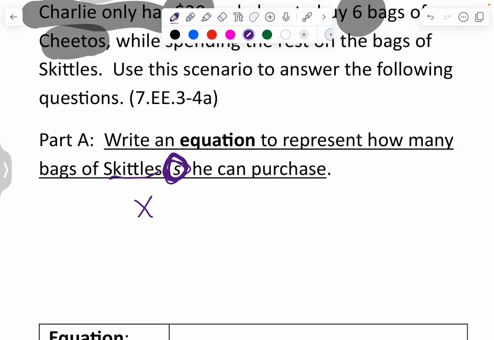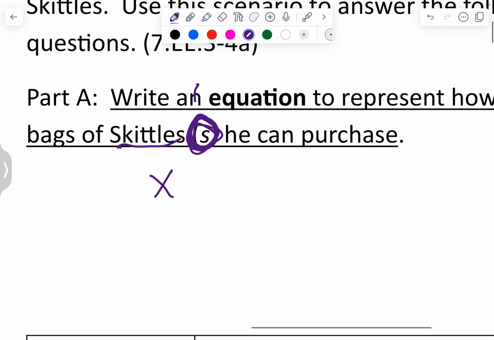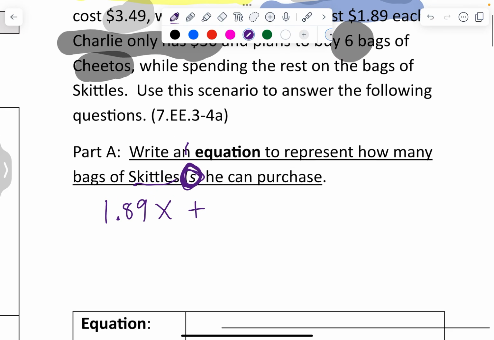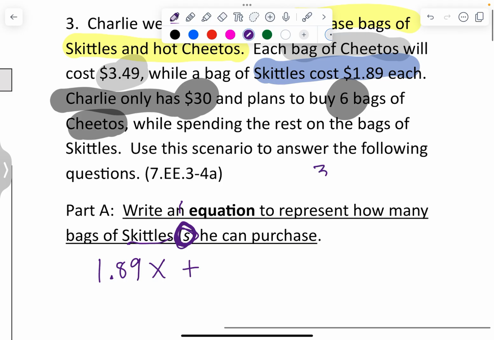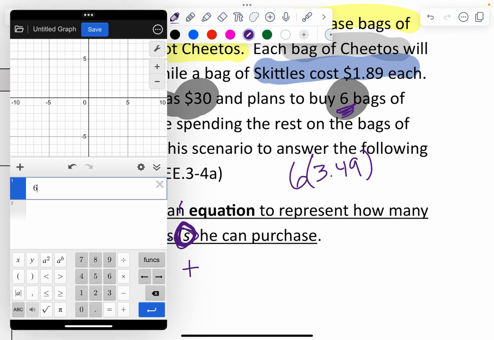So again, it talks about Skittles. So it says Skittles were $1.89. So what this says is it's $1.89 for some amount of bags of Skittles that we don't know. Plus, we bought some Hot Cheetos, for $3.49. How many times did we buy those Cheetos, though? All right, well, let's check that out. 6 times $3.49.